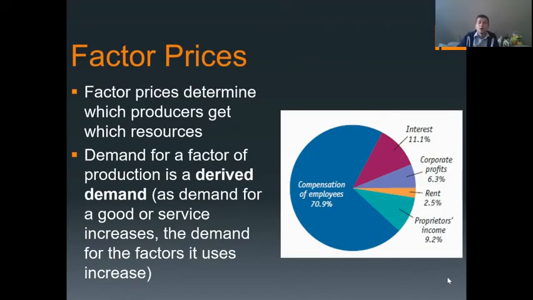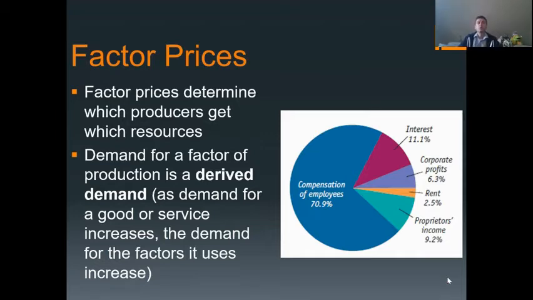Now, first, when we talk about factors of production and we talk about factor prices, these prices, these wages paid to the factors of production, they are going to determine which producers get which resources.